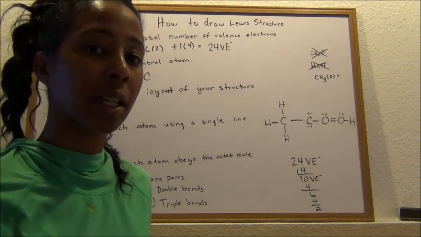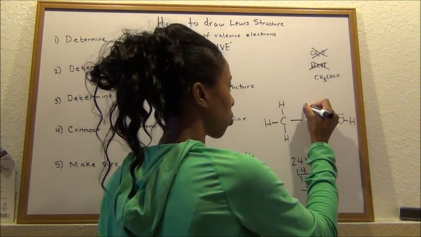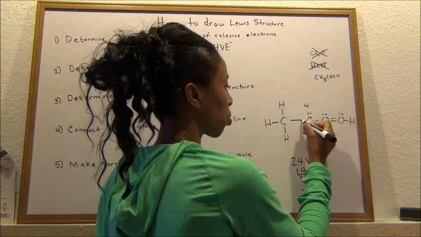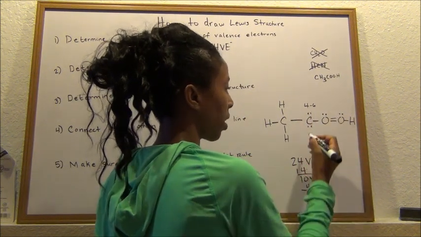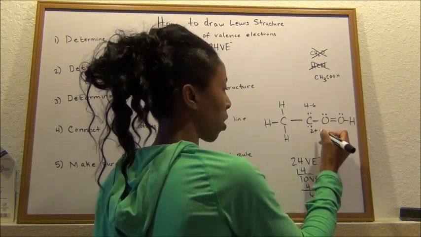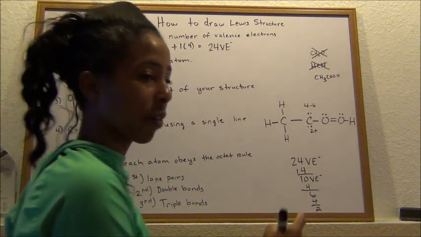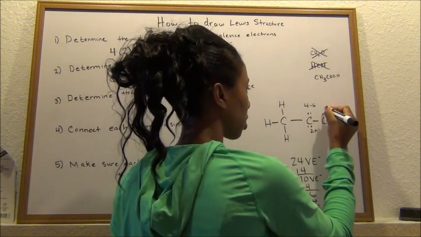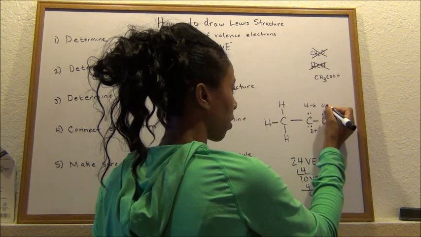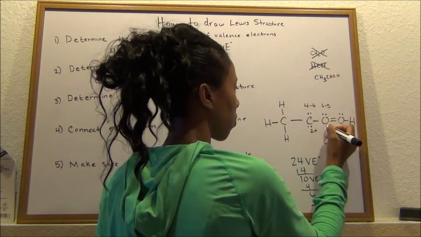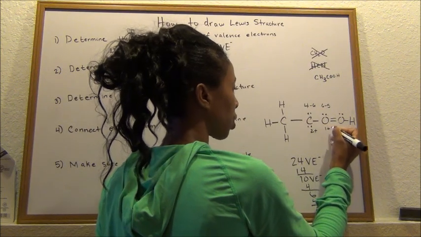Also, if I go in and place in formal charges. So for carbon, carbon is in group 4A, but it owns 1, 2, 3, 4, 5, 6 electrons. So this carbon has a 2+ charge. If I go in for this oxygen, oxygen has 6 valence electrons, but it owns 1, 2, 3, 4, 5. So therefore, this would have a 1+ charge.